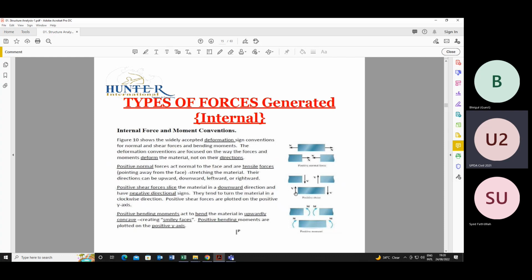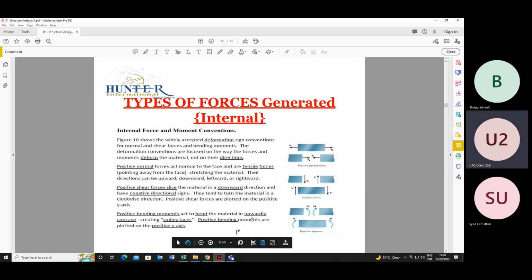If it is on the downward side, then we will consider it as negative. Same on the right side: if it is acting in the downward direction, it will tend to turn the member clockwise, so we will consider it as positive shear force.